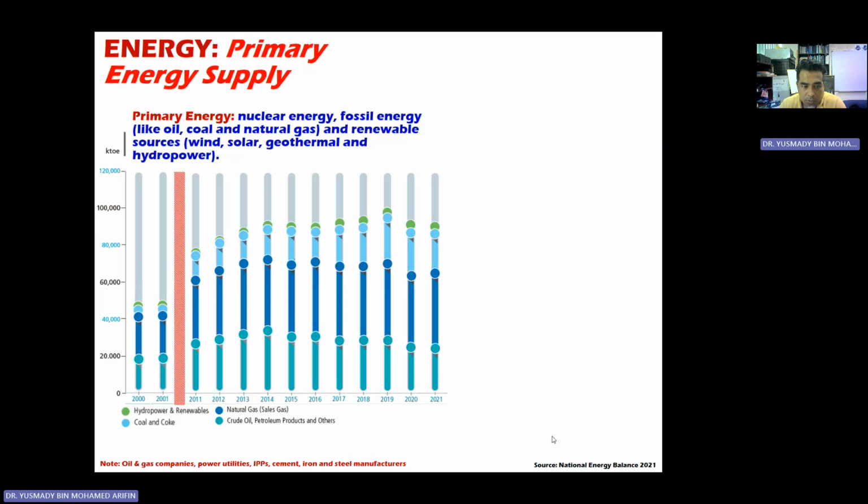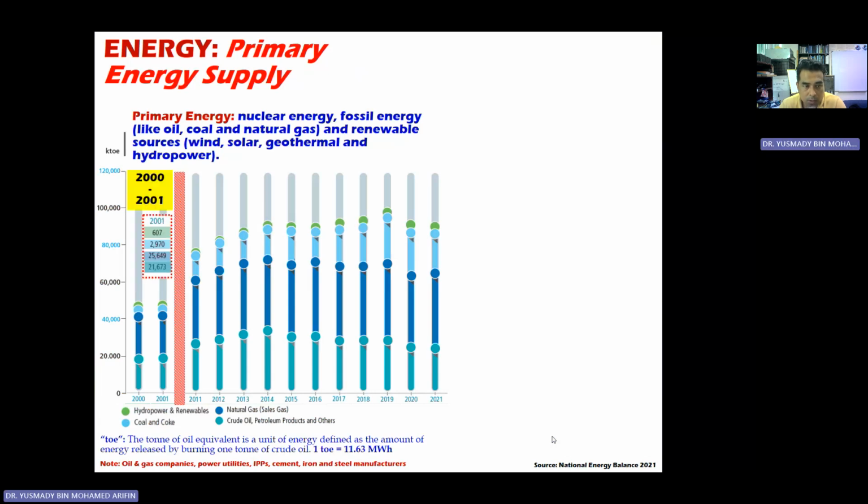Okay, so the graph shows the amount of energy supply by different types of energy source: hydropower and renewable, represented by green data; coal and coke by light blue data; natural gas by dark blue data; and the last one, crude oil, petroleum products, and others, represented by turquoise data.